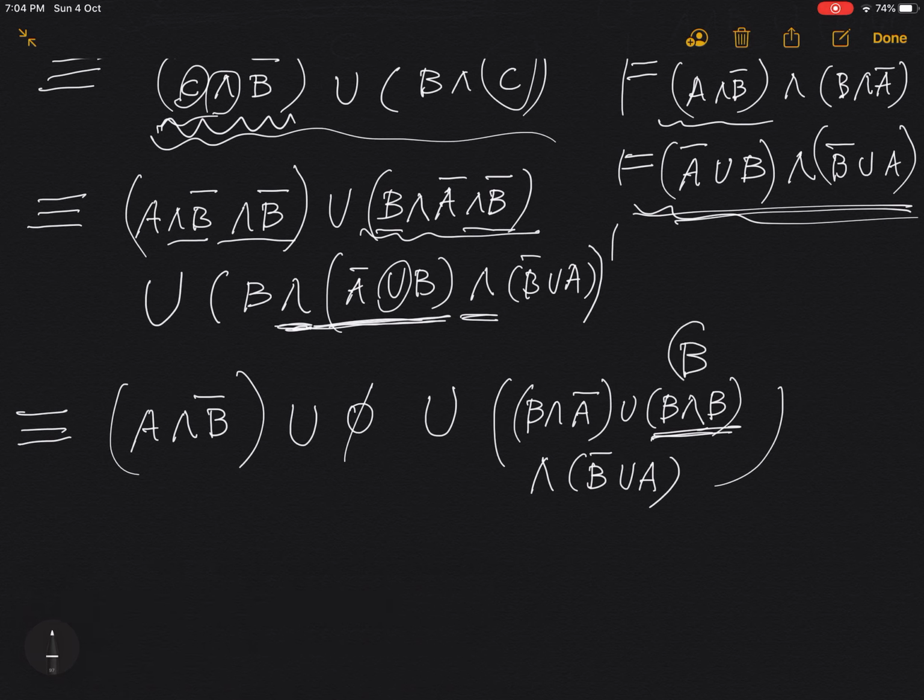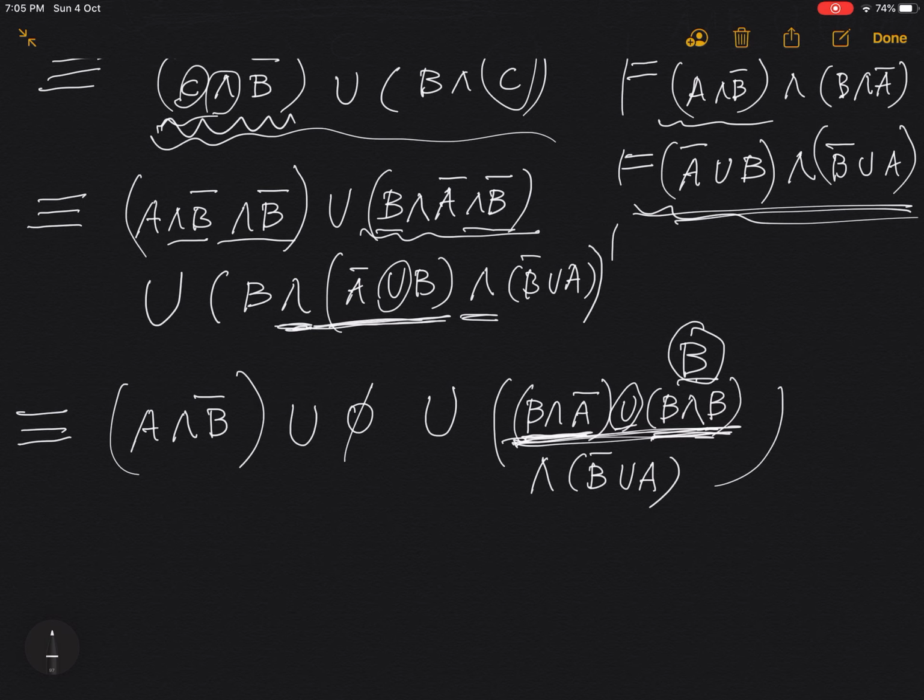And then B or B and the complement of A, you can think in this way: B and the complement of A is a subset of B, right? And the union with B, a part of B or the whole B, the result would be B, right? So the underlined part would be B.